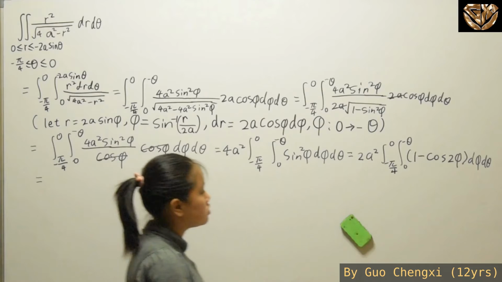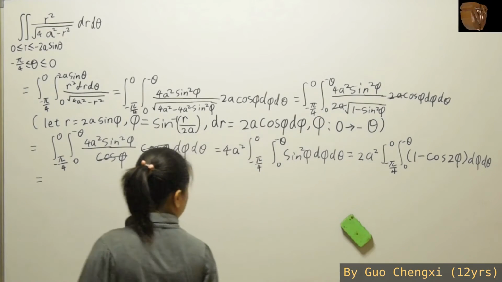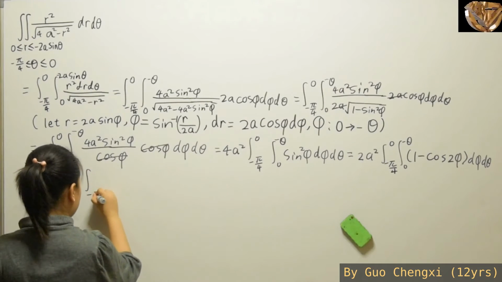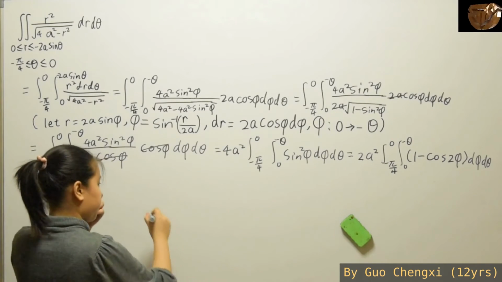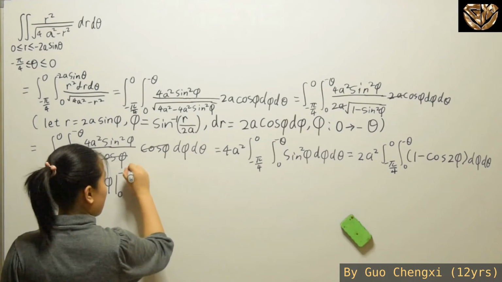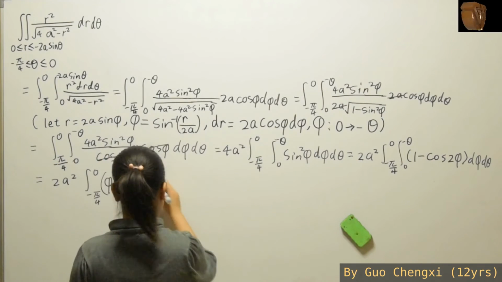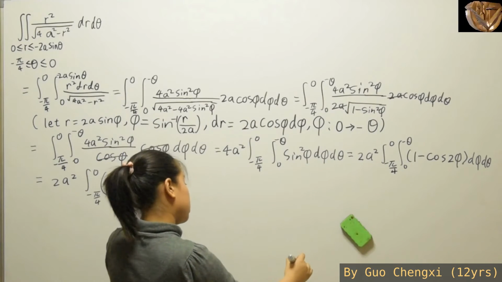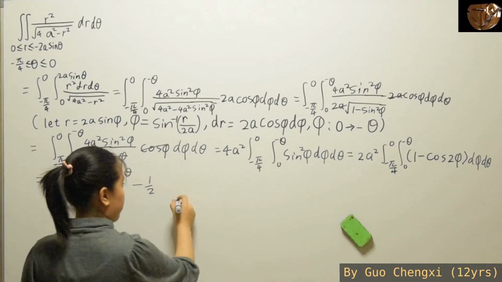Once you get this, you can integrate both of these for the phi part. The cosine will become sine, but with a half, because you need a half to integrate the cosine 2 phi, the 2 phi part.